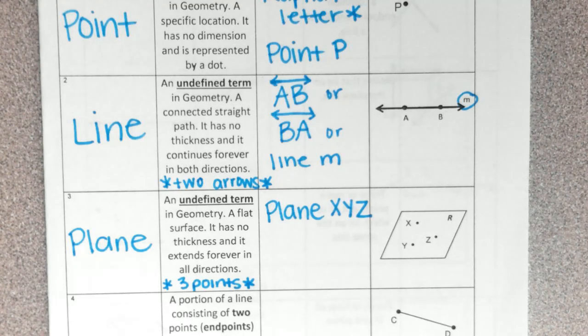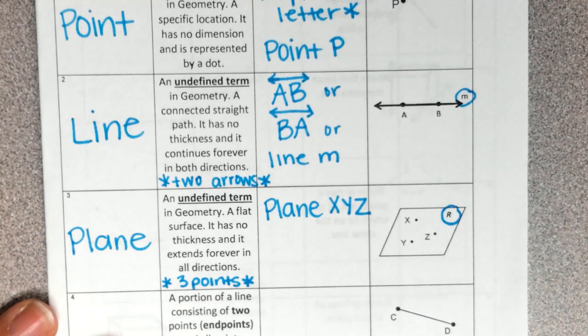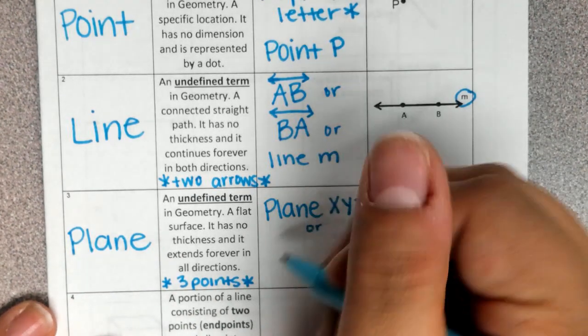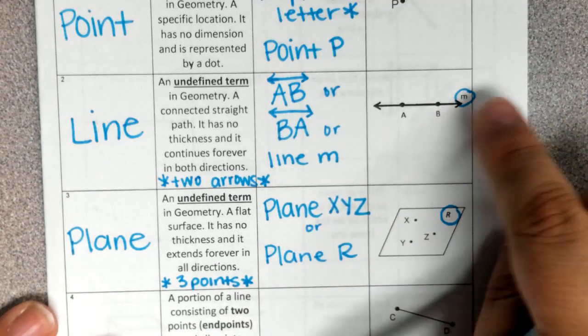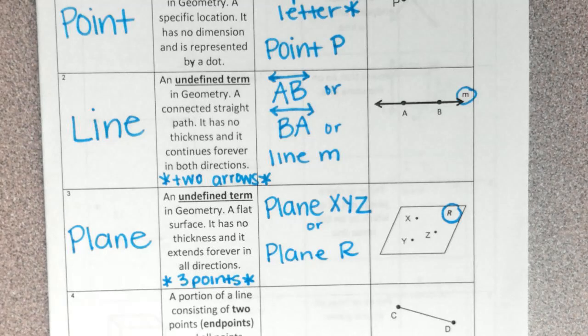Now, could I say ZYR? Circle it. Does R have a point near it? No, that R is not a point. It is actually the name of the plane. So just like m was the name of the line, R is the name of the plane.